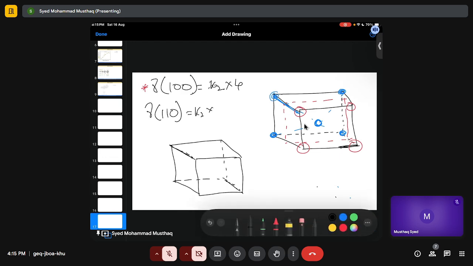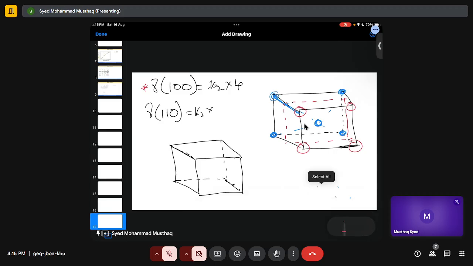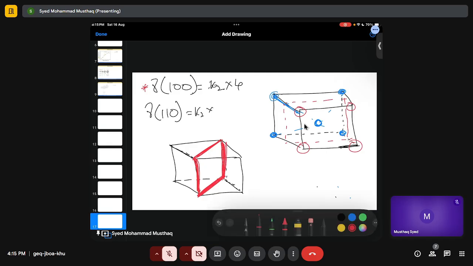So red, cut the plane. Then now again let's take the corner atom for now, for simplicity.